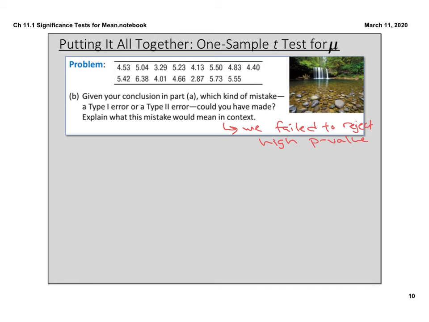High p-value, type 2, higher error. So let's think about what that means for us. Because we failed to reject, we could have made a type 2 error.